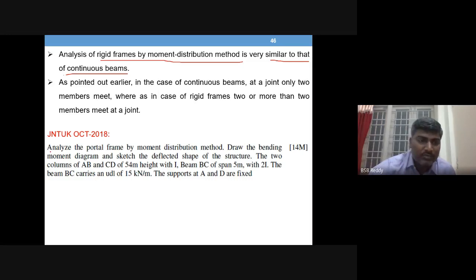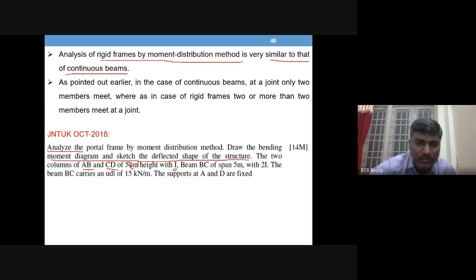Take this example. Analyze the portal frame by the moment distribution method. Draw BMD. Sketch the deflected shape. The two columns AB and CD have an abnormal height of 54 meters here. Just take this as maybe 4 meters height with I as moment of inertia.